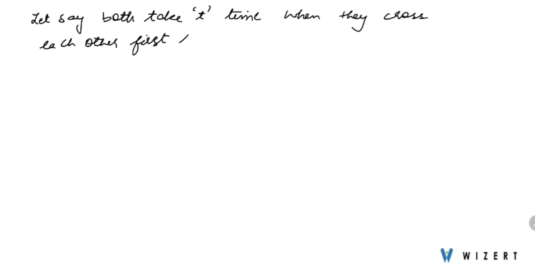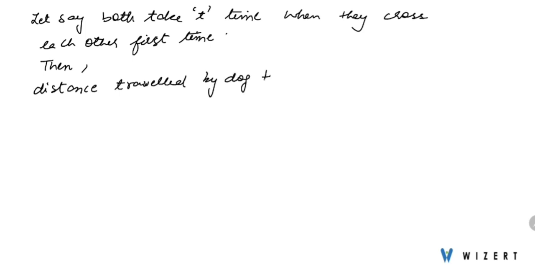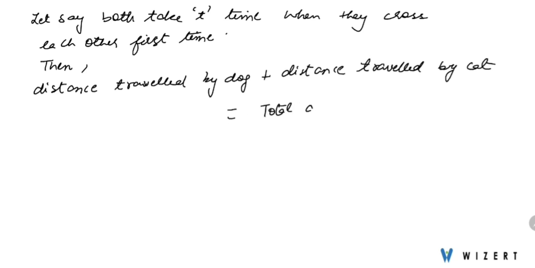So we have to find this time T. So from here we can say that at that time the distance travelled by the dog plus the distance travelled by the cat will be equal to the total distance, because wherever they meet, the sum of the distances will be the total distance AB.